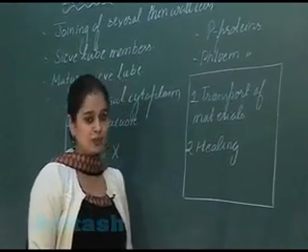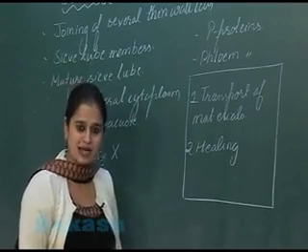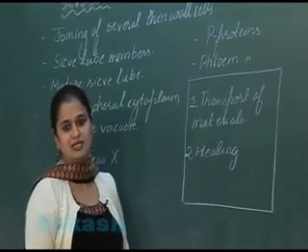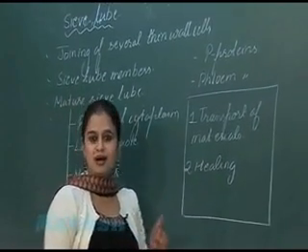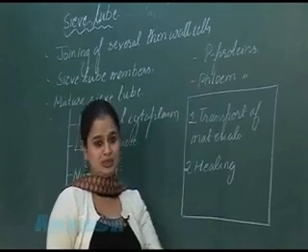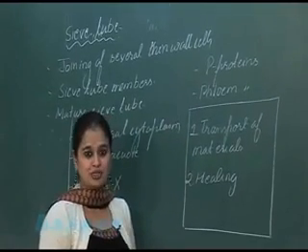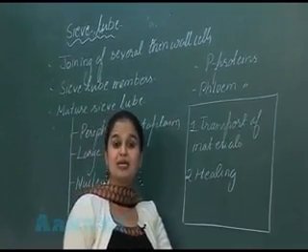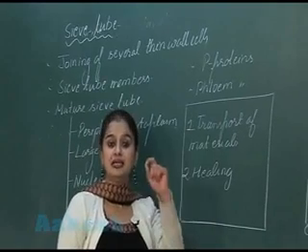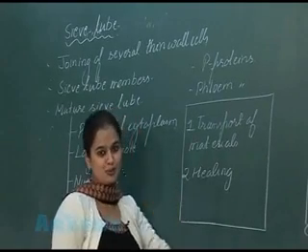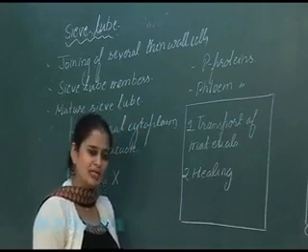If anywhere inside the sieve tube there is a crack or a breakage, that part is going to be sealed with the help of P protein. So the P proteins are involved in sealing of cracks. So you can say they have a role in healing.